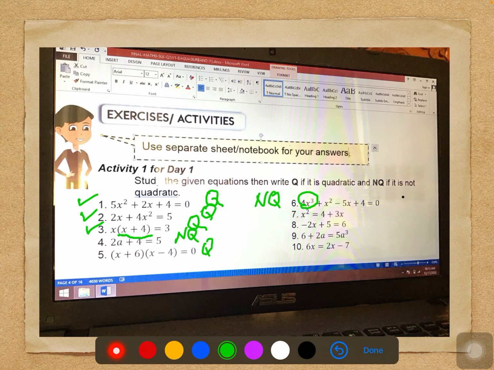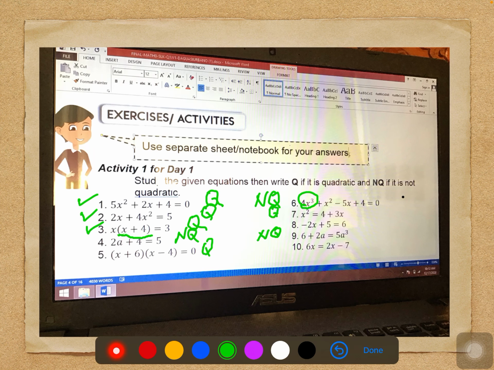And then, also with, let us look at number 9. Number 9 is the same as number 6. That's why this is also not quadratic. And then, for number 7, okay, we can see that as quadratic because of x squared.